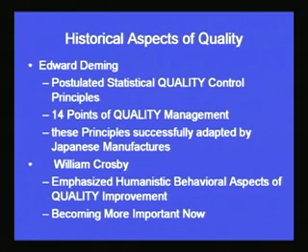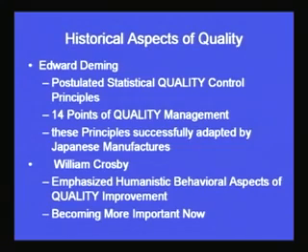Similarly, William Crosby emphasized humanistic behavior aspects of quality improvement. So, quality improvement is not only focused on the processes and the manufacturing facilities, it is also focused on the humanistic or behavioral aspects of the people who are associated with these manufacturing processes, tools and techniques. Initially the focus was on the processes, on manufacturing and production, but today the focus has shifted.